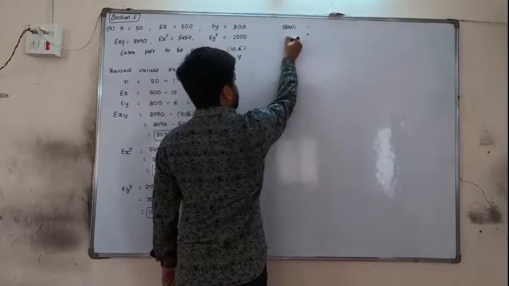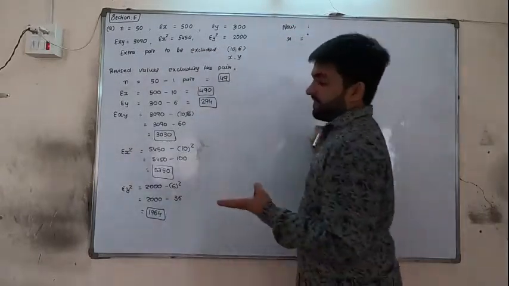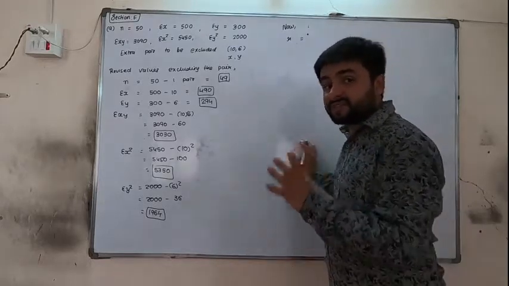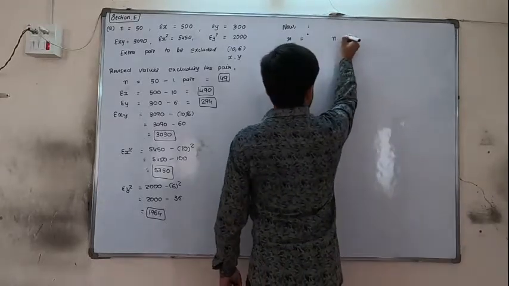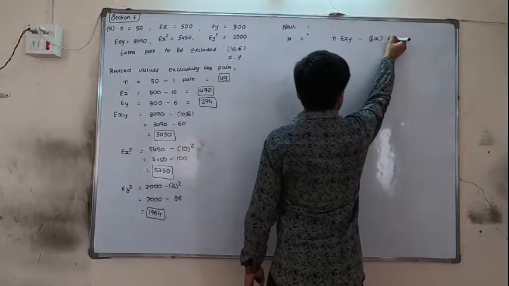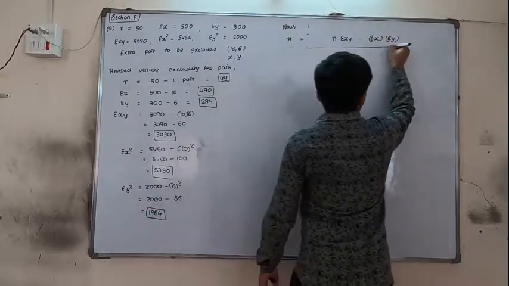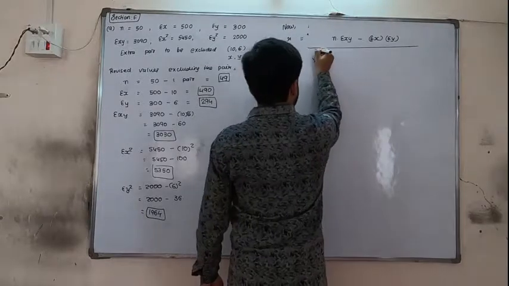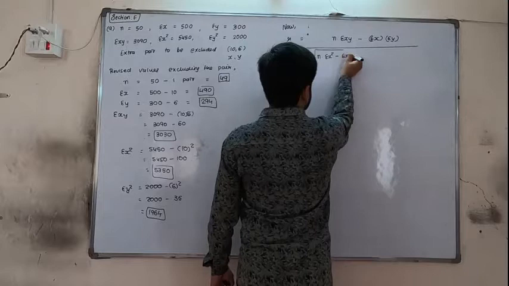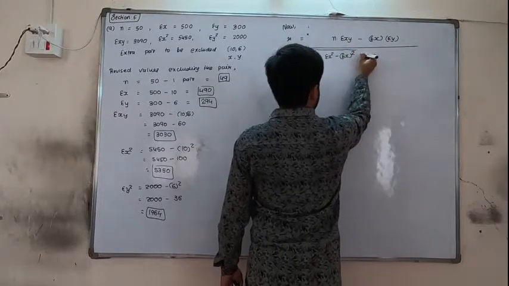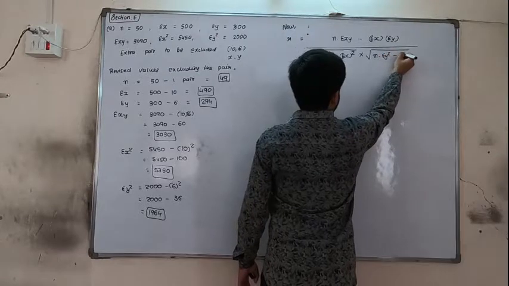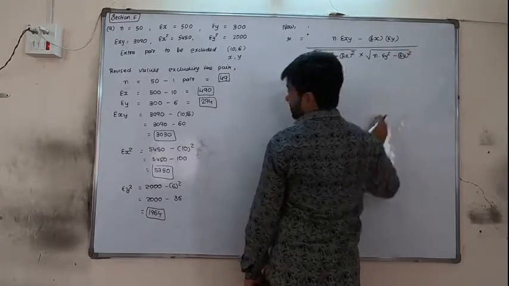So we will find r. Now r is equal to which formula? We have the terms of xy formula. So n into sigma xy minus sigma x into sigma y, divided by, in the first square root, n into sigma x square minus sigma x whole square, multiplied by the second square root, n into sigma y square minus sigma y whole square.